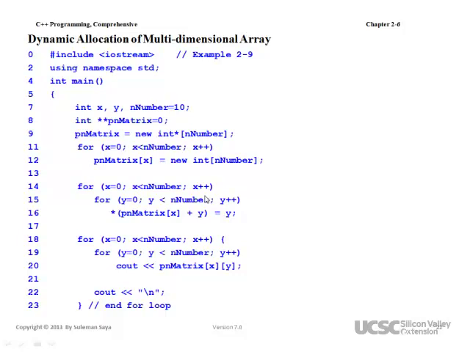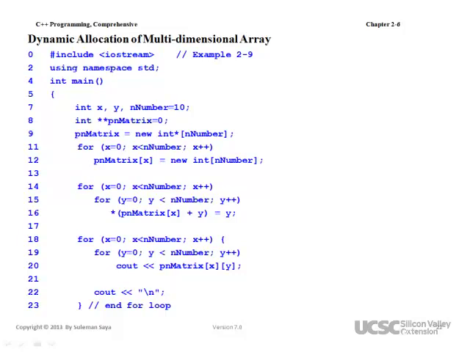So again, line number 0, we are including the header file iostream. On line number 2, we are saying using namespace std. That means we are making sure that cout and cin objects are in the scope of std, and then we start the body for the main.